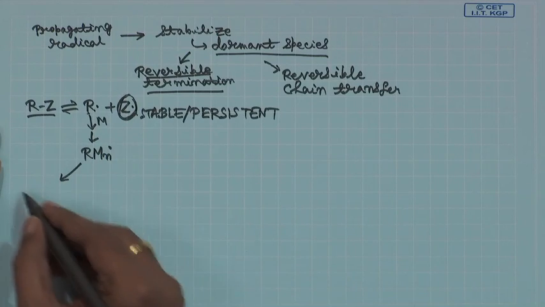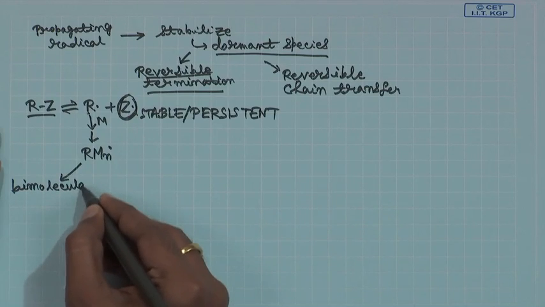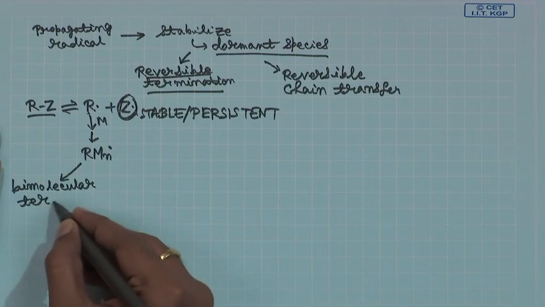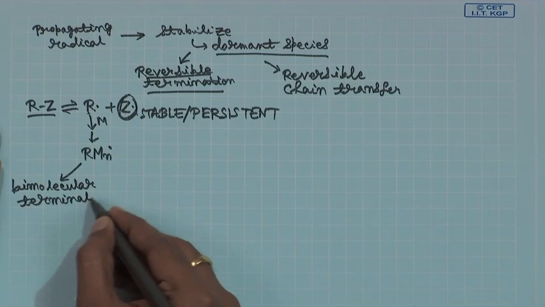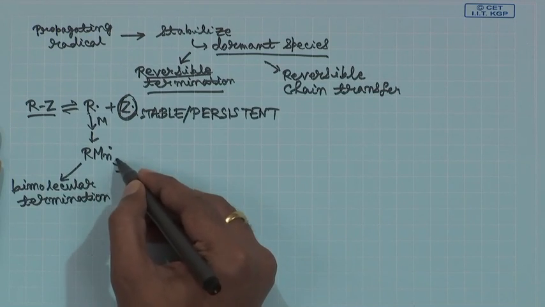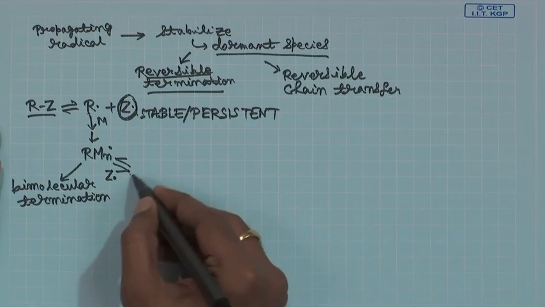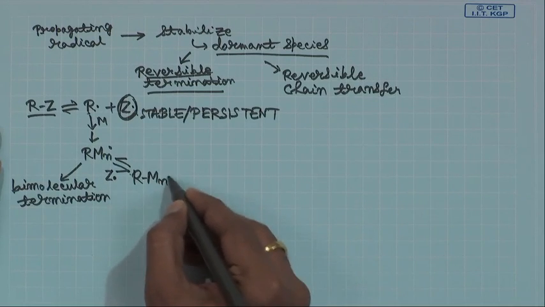Now, this could go to bimolecular termination. However, this is captured in this kind of reversible reaction with Z dot to produce RMnZ.